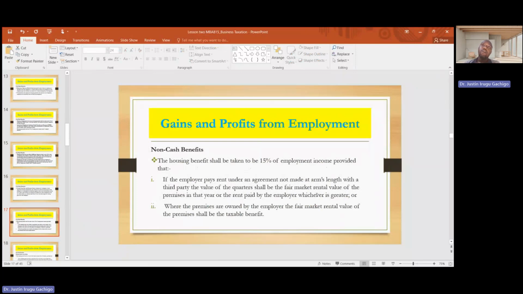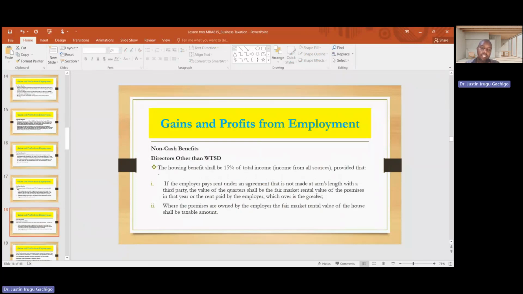So if, for example, you are employed by, let's say, Chuka University, which has some staff quarters, the benefit will be how much that staff quarter would be worth to any other person apart from you as an employee of Chuka University. If, for example, the rent market value of that area is 70,000, that 70,000 is going to be the taxable benefit.